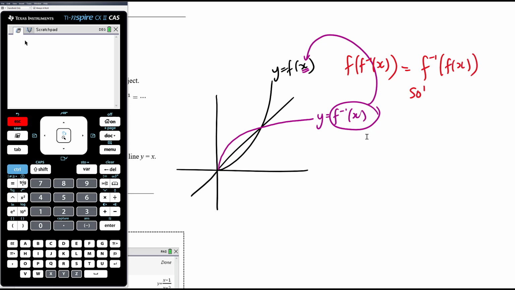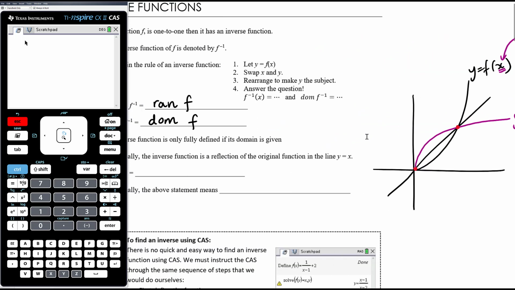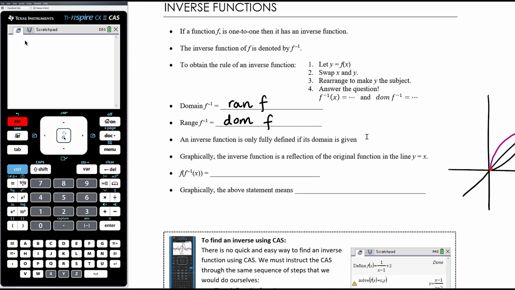What you're doing is you're solving them simultaneously. And when you solve the two equations simultaneously, graphically, you're finding the points where they intersect. Now, if it's an inverse function, the graphs should intersect on the line y equals x. Okay, so when you sub the inverse into the original, or if you sub the original into the inverse, you should just get x.